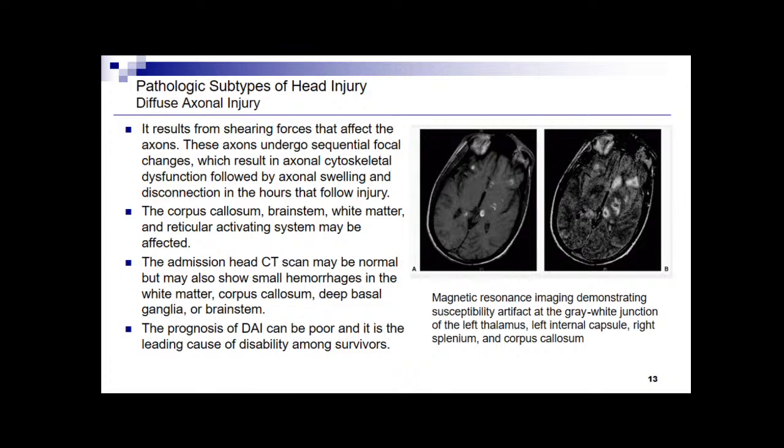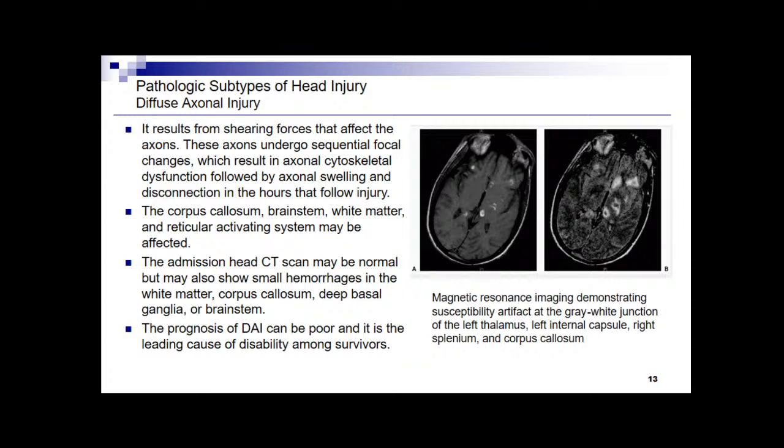And the last morphological variant of the head injury is diffuse axonal injury. It is a very severe, very dangerous manifestation of brain trauma. It results from shearing forces that affect the axons.